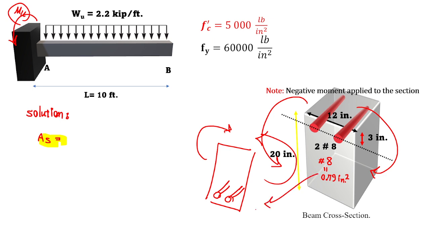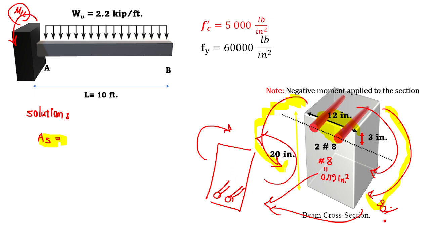We can flip our section, just turn it 90 degrees, and by this analogy the negative moment effect on this section is exactly the same, because this moment pulls the top and pushes the bottom.